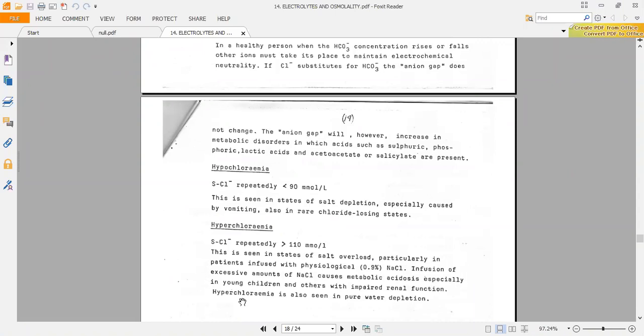So acidosis will eventually cause hyperkalemia, because potassium comes outside as a way of compensating for the excess hydrogen ions. You shift the hydrogen inside, but as you do that, you also bring potassium outside. And vice versa. Okay, our time is up. We will end here and continue in the evening with acid-base disorders.